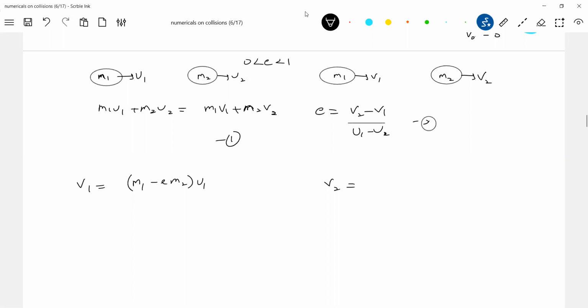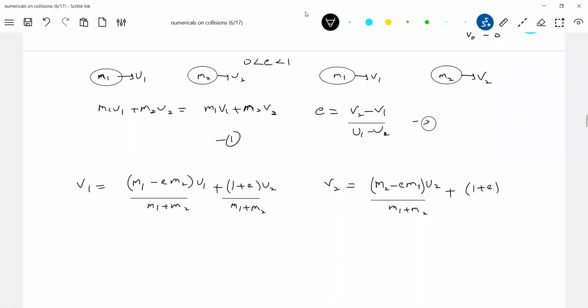There's a formula which you can remember. After solving this, we'll end up... I don't know, you must try to remember this formula.